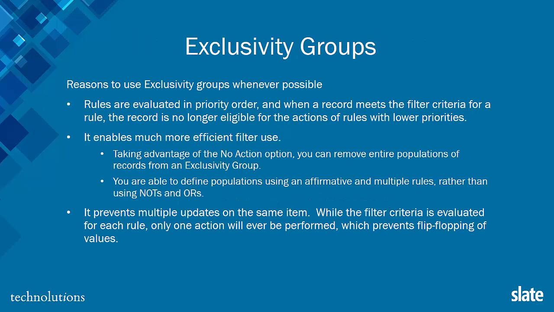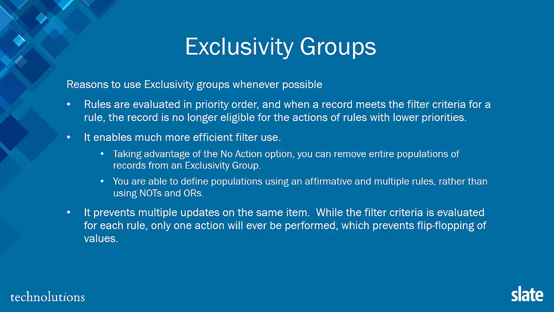Exclusivity groups are very important in Slate, especially when it comes to using your rules. The reason they make your rules more efficient is that you're able to evaluate a set of rules in a particular order.